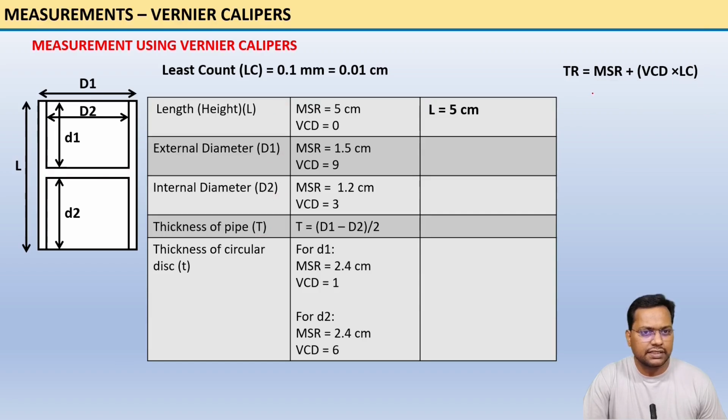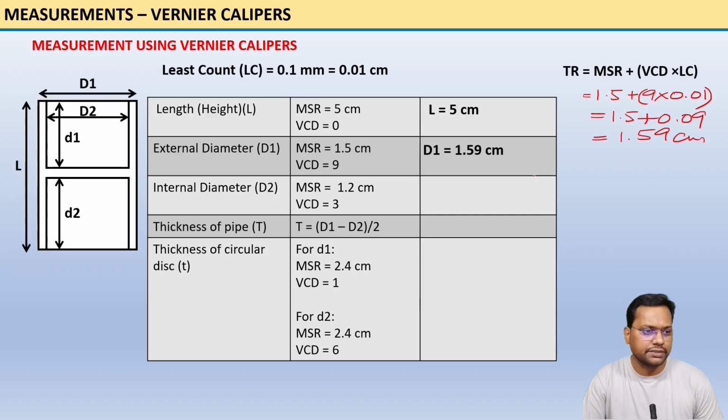To find the external diameter, we take the main scale reading, that is 1.5 plus vernier coinciding division, that is 9, into the least count, that is 0.01. Therefore, the reading will be 1.5 plus 0.09. Therefore the external diameter will be 1.59 centimeters.